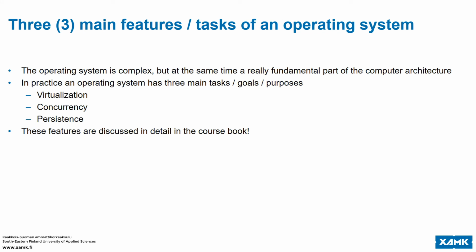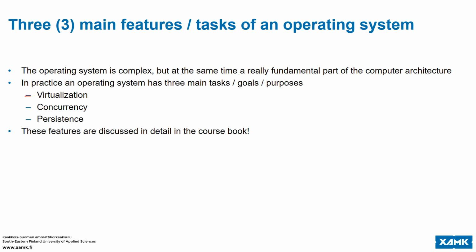The main tasks of an operating system can be represented with three main concepts, or features. First, the operating system needs to provide a platform for virtualization. That is the virtualization of hardware resources and providing a virtualized software platform that hides all of these hardware specifications.